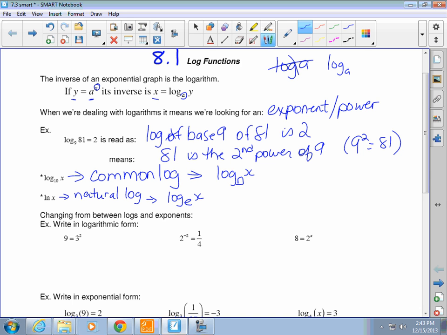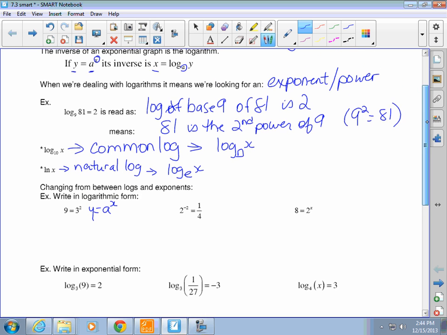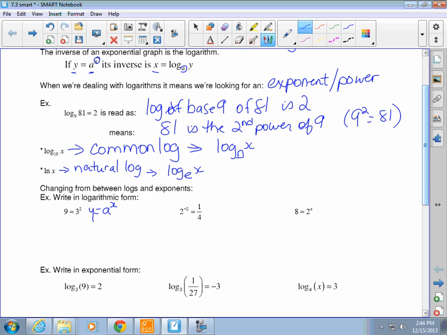So, changing between logs and exponents. If you're starting with an exponent and you want it in a log, remember this is like saying y equals a to the power of x. Using our form here, the y goes to the right of the log, your a value is your base, and your x is what everything is equal to.